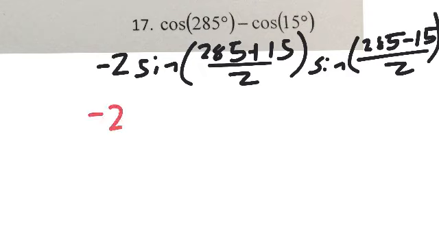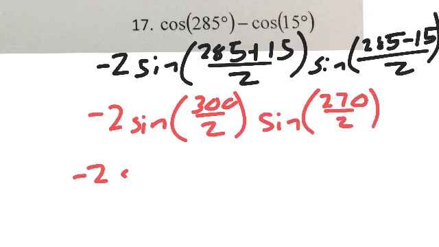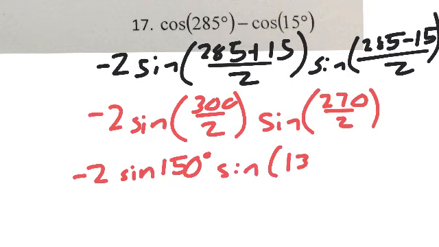So this is negative 2 times sine of 300 over 2 times sine of 270 over 2. Let's simplify that. That's going to be negative 2 sine of 150 degrees times sine of 135 degrees.